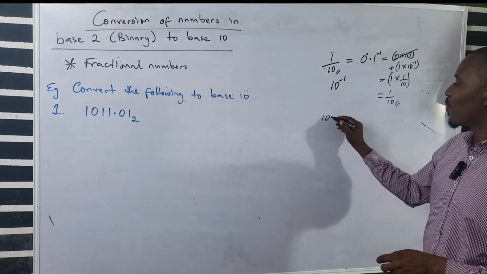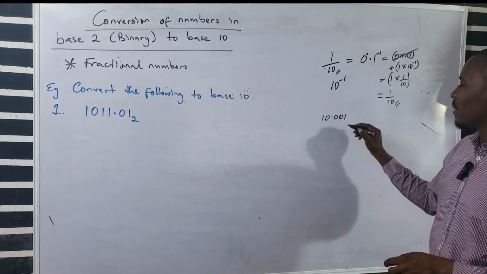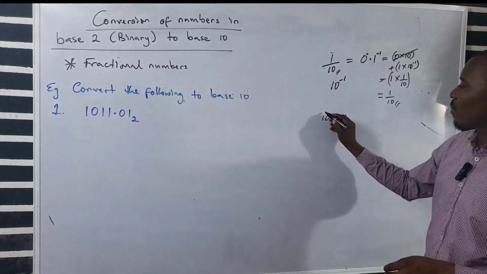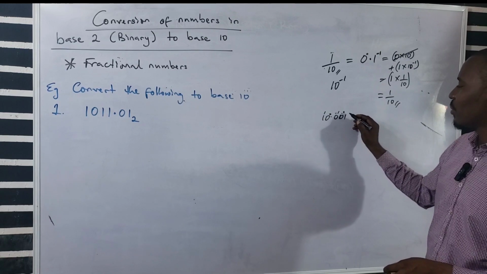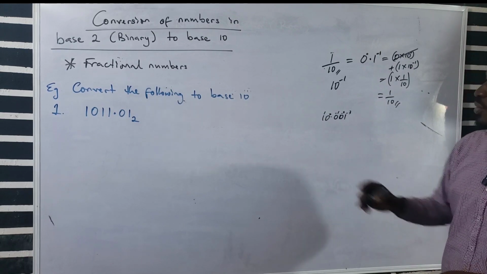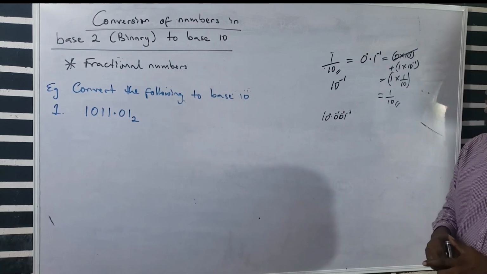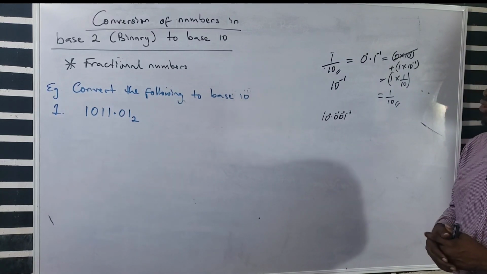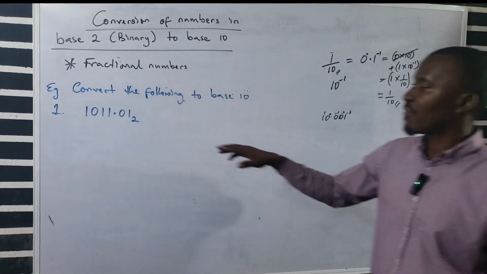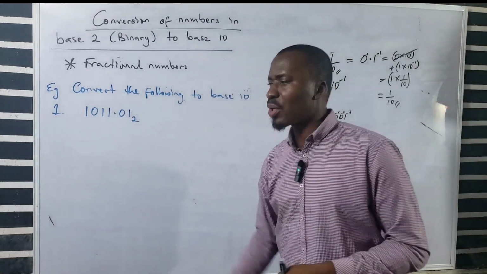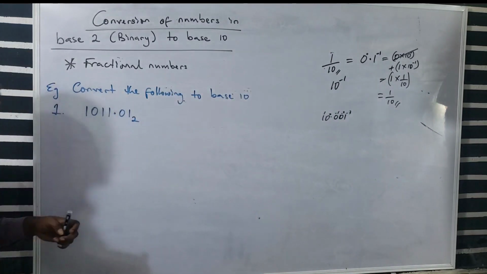If I have 0.001, this is going to give me what? -1, -2, -3. So that's how we expand numbers that are fractional. What I mean by fractional numbers is numbers that have decimal points. So let us come back here and finish what we have here.